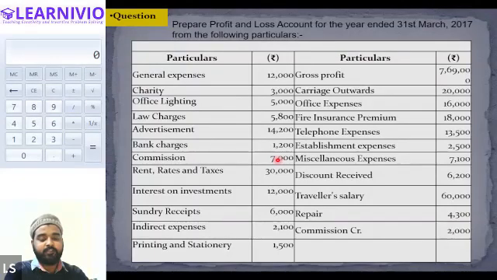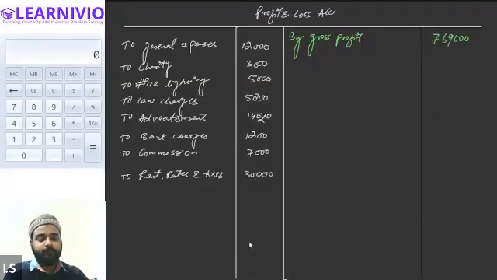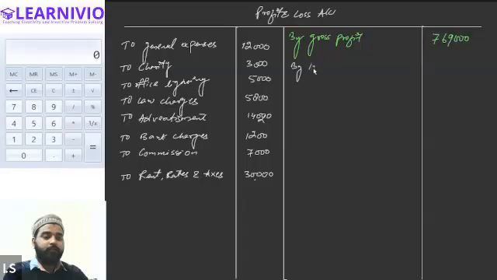If it is an income, on which side of the profit and loss account should we record it? Credit side. Alexander, is this clear to you as well? Yes, sir. So by interest on investment on the credit side, $12,000.